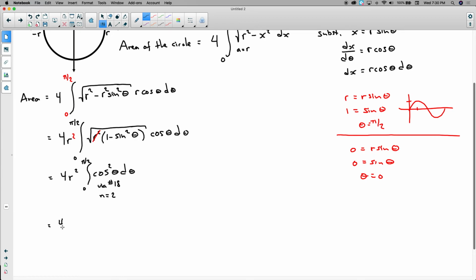So I've got 4r squared and going and using 18, which I'm pretty sure I have memorized now. When n is 2, I've got a half, and I've got a cosine theta sine theta plus a half of the integral of cosine to the 0, and sort of just repeating what happened with the other one. I know that's just going to be theta.